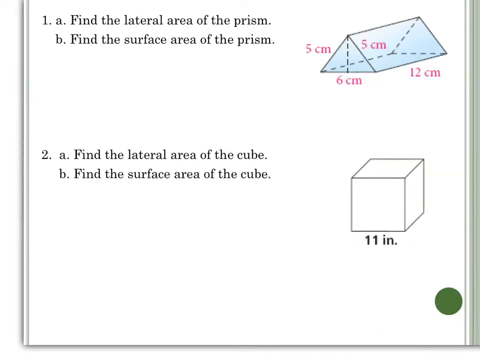In number 1, we want to find the lateral area of the prism and the surface area of the prism. So our figure on the right is a triangular prism, where our bases are triangles.